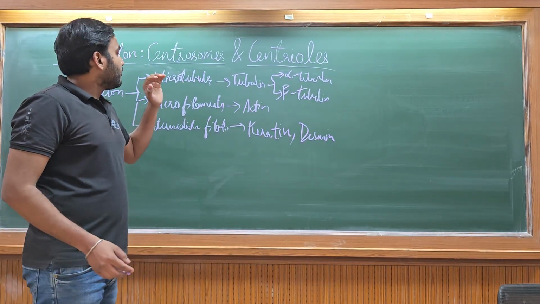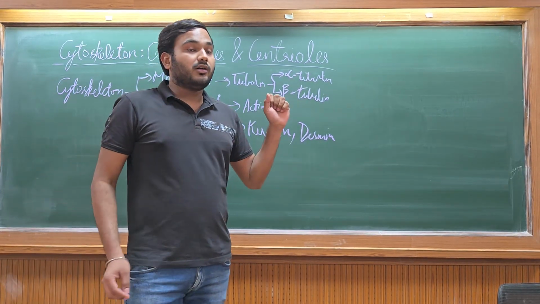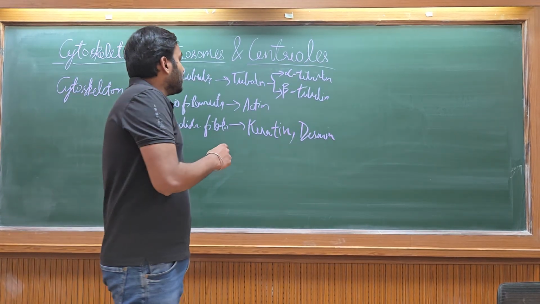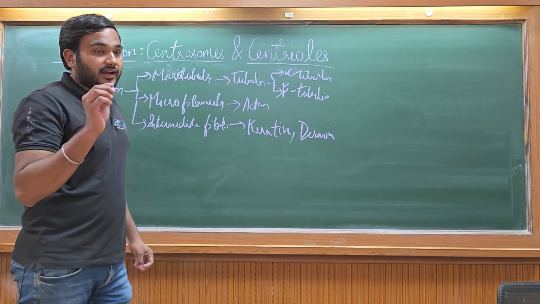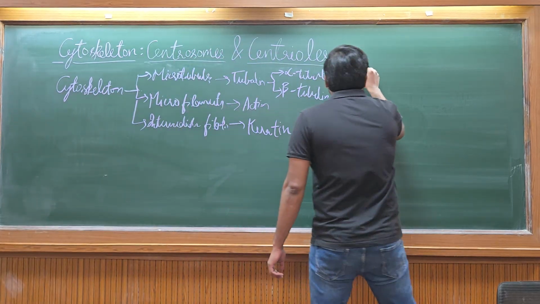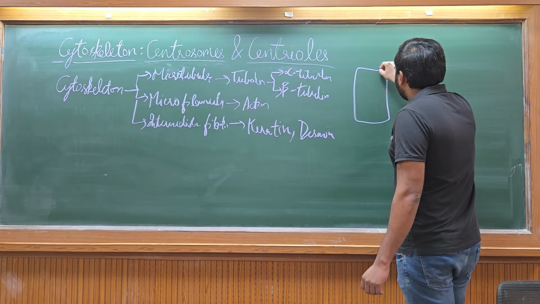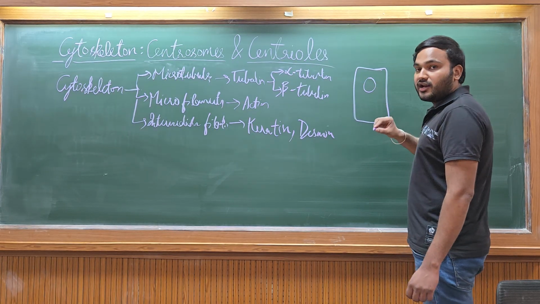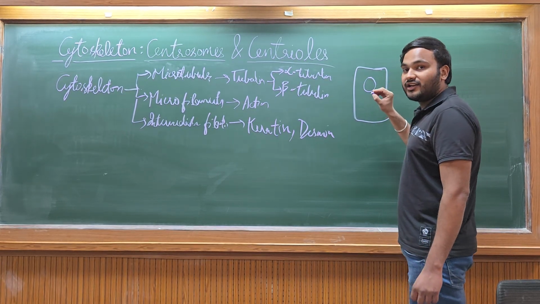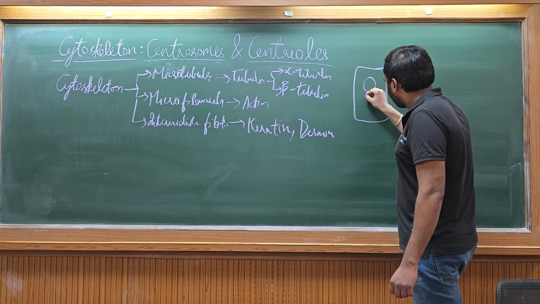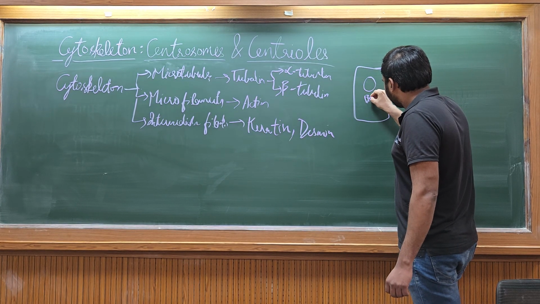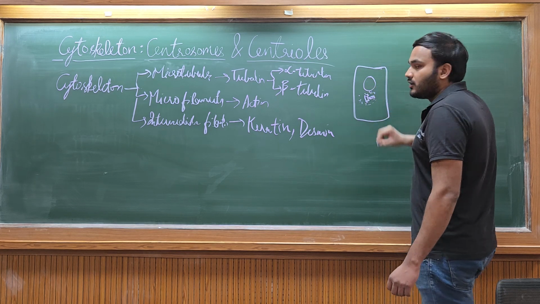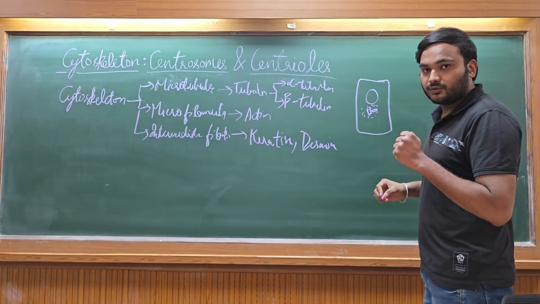We focus on microtubules because centrosomes and centrioles are made up of microtubules. If we see a diagram of a cell, here we can see the nucleus. Near the nucleus, there is a dense and dark structure which is called the centrosome.